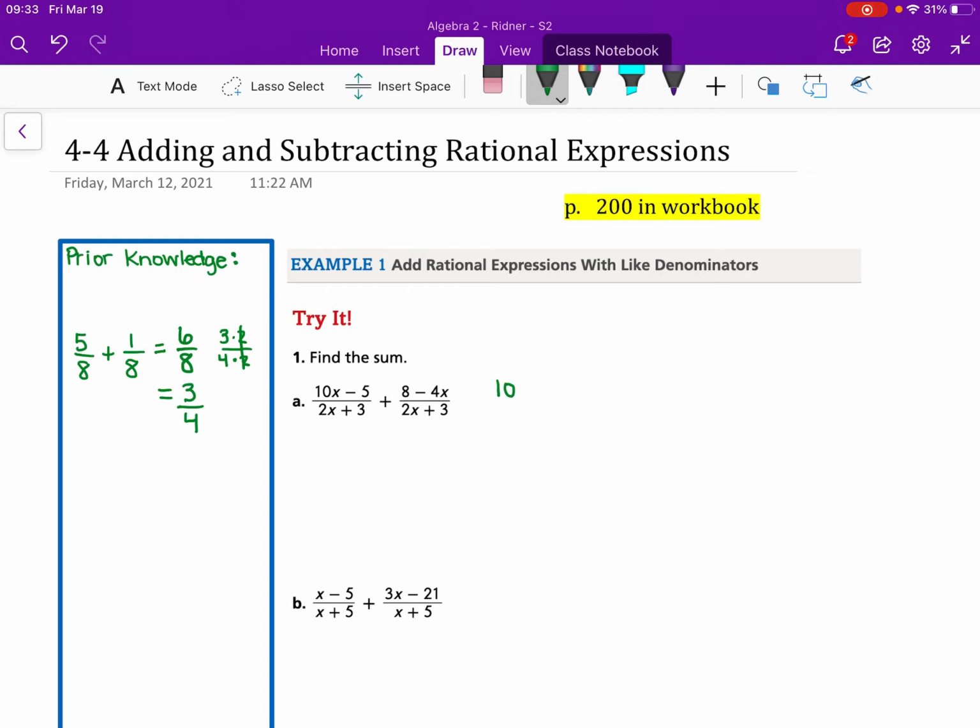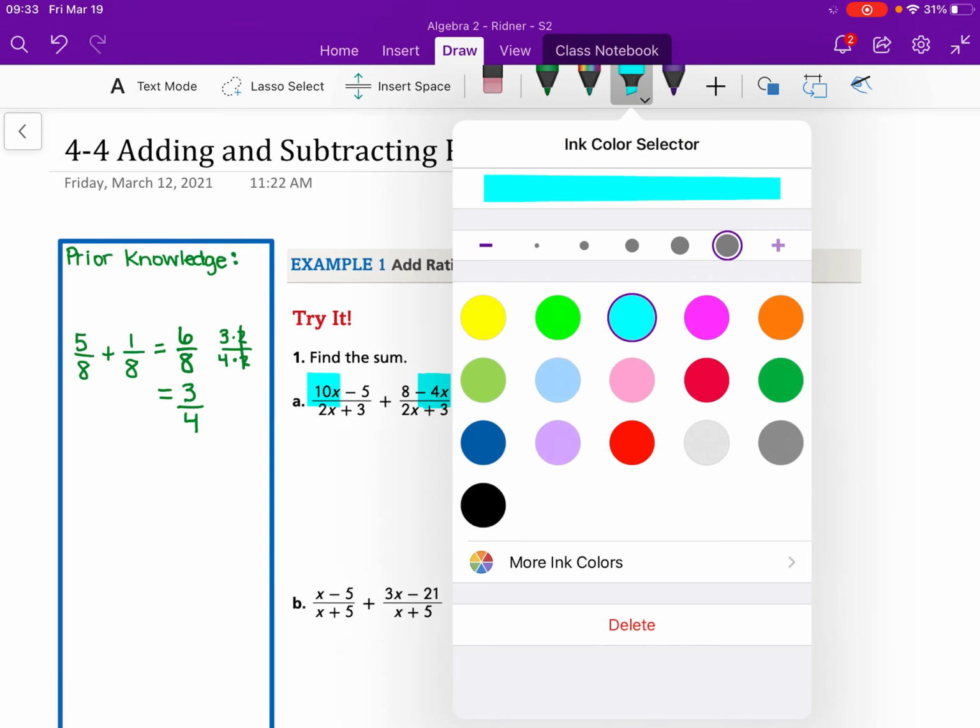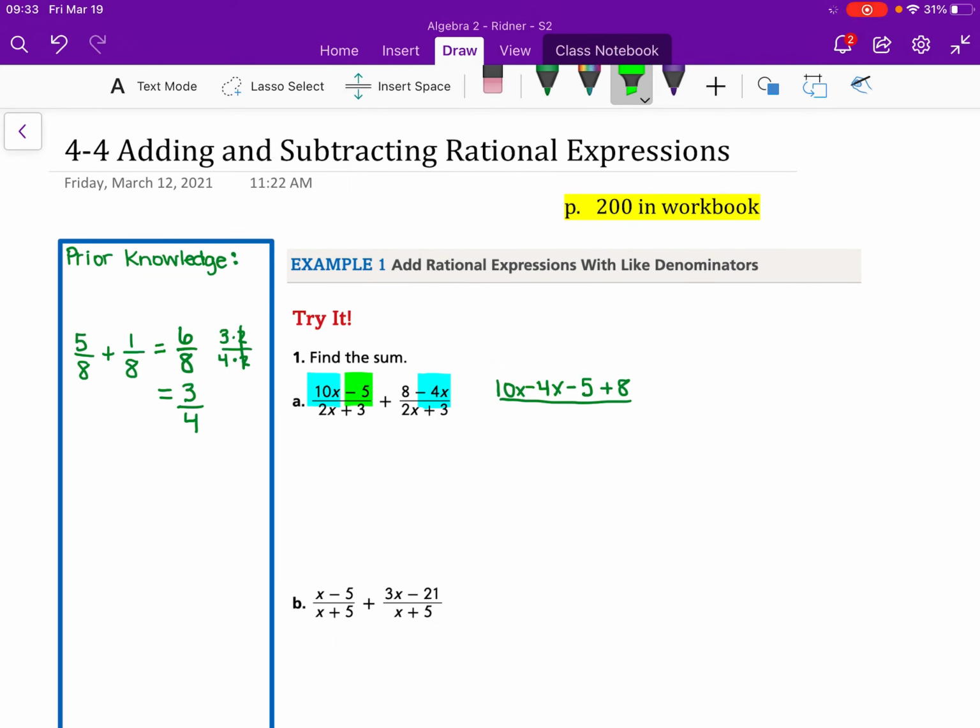So I'm going to have 10x plus negative 4x, and then negative 5 plus 8. All I did there was regroup. I put the 10x and negative 4x together first, and then the negative 5 and 8, all over the common denominator of 2x plus 3.